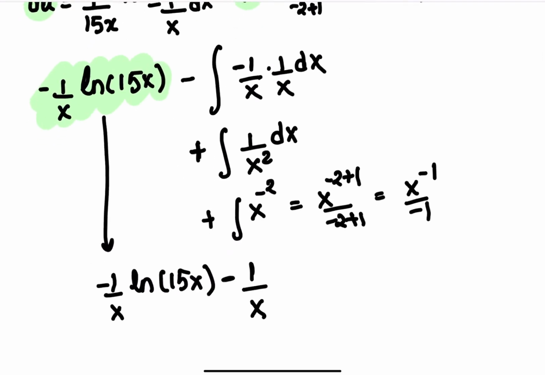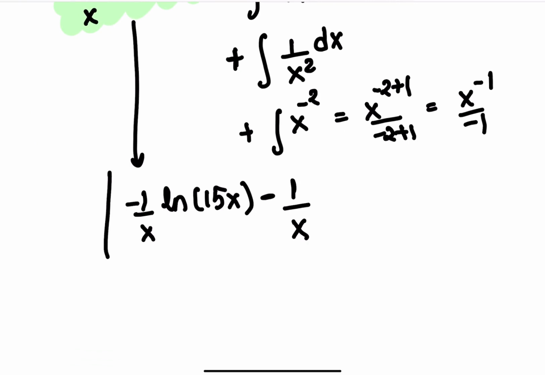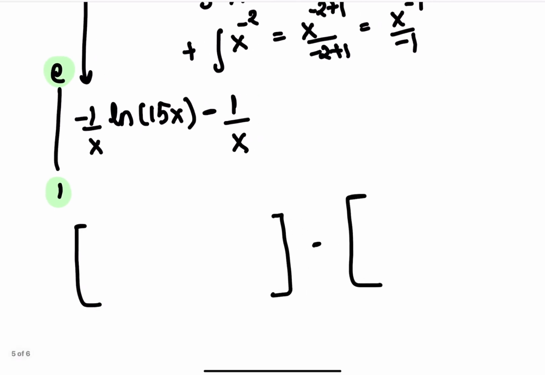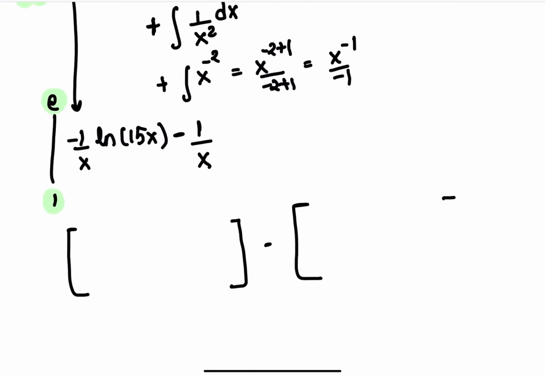That means I have to plug in the values 1 to e. So it is f of b minus f of a. Don't forget that. So I'm going to go ahead and have 2 parentheses so I don't make a mistake. As you can see, I always write them in parentheses. When I plug them into the calculator, I know I'm not making a mistake.